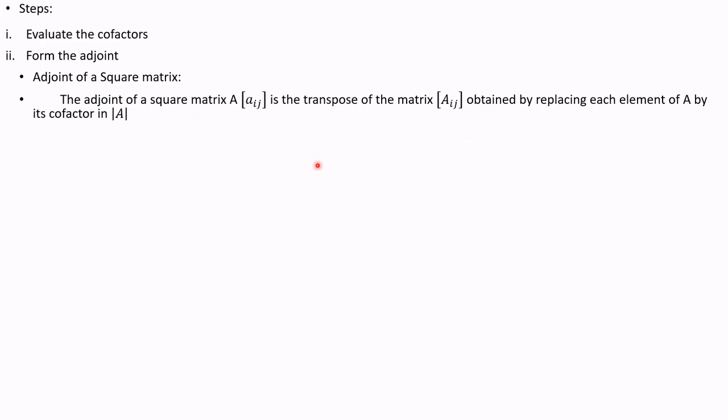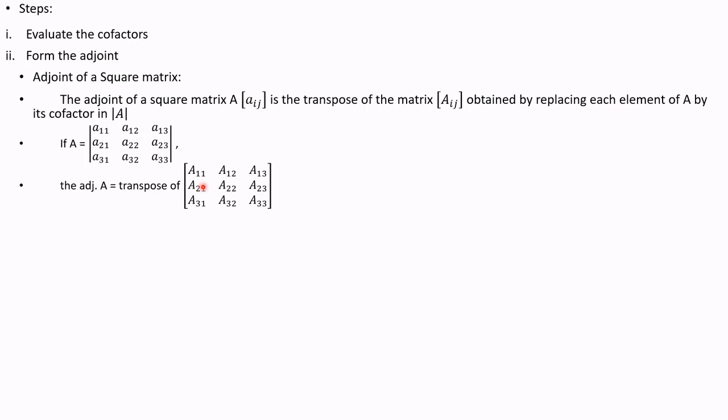element in the matrix. That is, if A is a given matrix, A11, A12, A13, A21, A22, A23, A31, A32 and A33, then the adjoint is given by the transpose. We have to transpose. That is, rows should be replaced with the minors and cofactors.